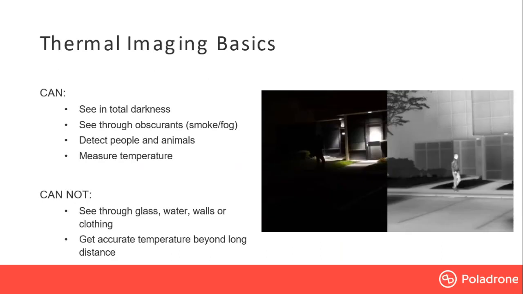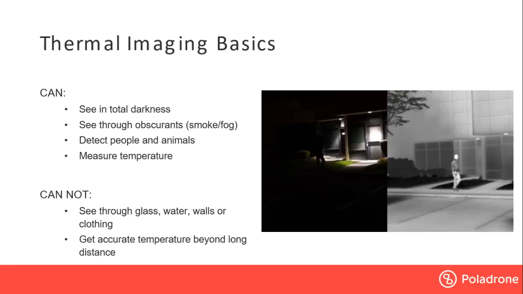So what are the thermal imaging basics? By using thermal imaging, we can see in total darkness because we don't need light to see. We can also see through obscurants, including smoke and fog. And by measuring temperatures, we can detect people and animals by setting according to standards and benchmarks.